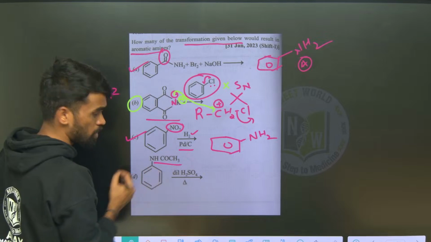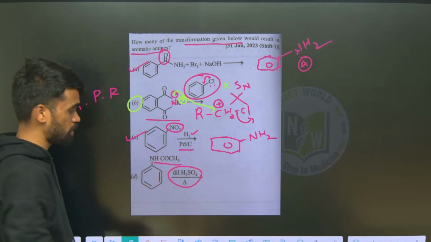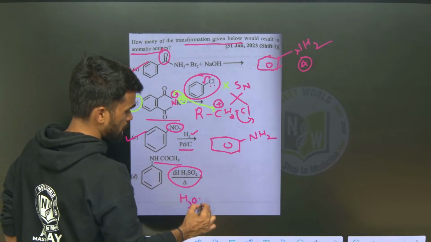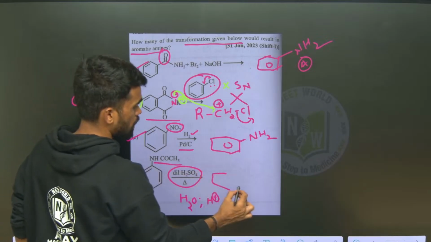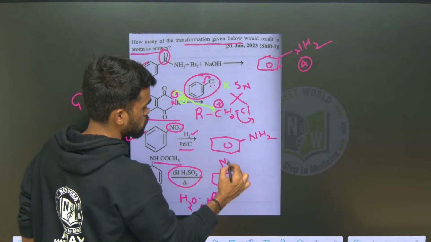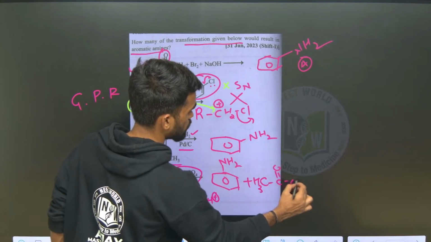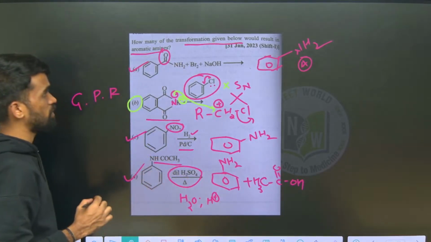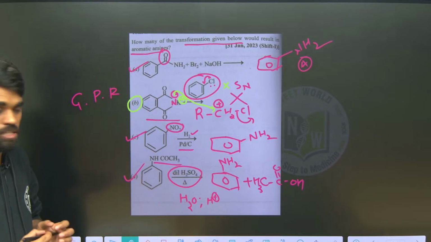So what happens upon treating with dilute sulfuric acid? It means we have water and acid. So this will hydrolyze and form aniline with the NH2 group, and along with that acetic acid is formed. So this is also giving primary aromatic amines. So A, C, D is your answer for this question.